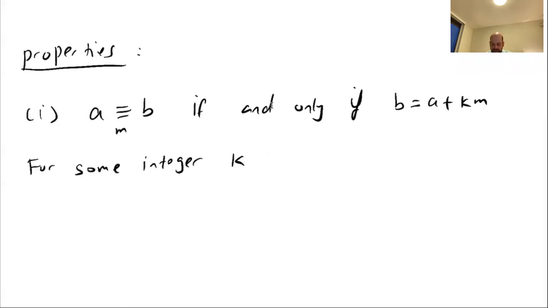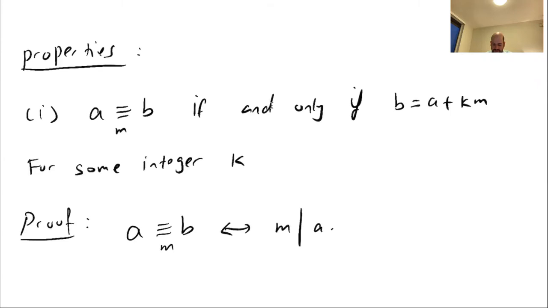So how can we prove this? This is very easy to prove. A congruent B modulo M if and only if M divides A minus B, right? According to the definition. So this part is using the definition of congruence, and then I can apply the definition of divisibility.